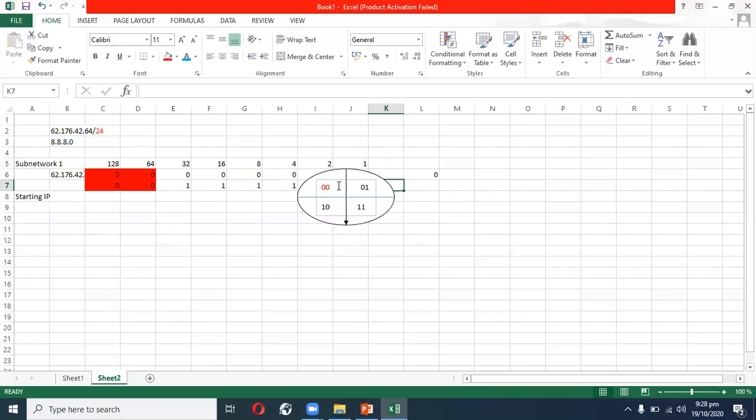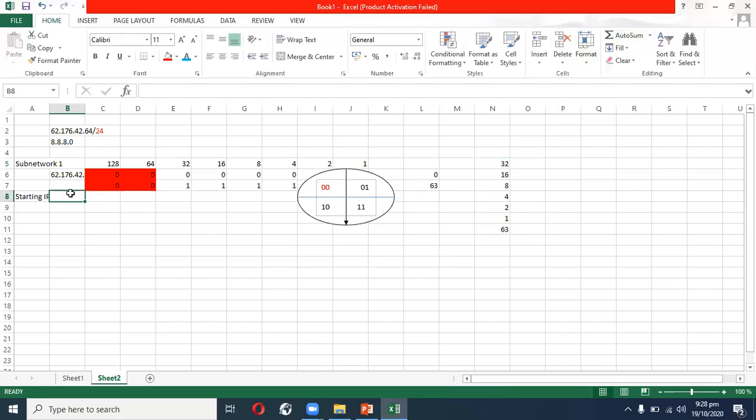When we add all of them, 32, 16, 8, 4, 2, 1, let's sum them together: 63. So our end IP is 63. So our starting IP, as we found, is 0 and the end IP is 63.